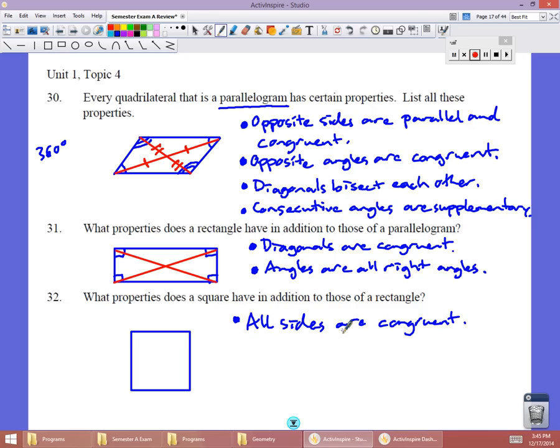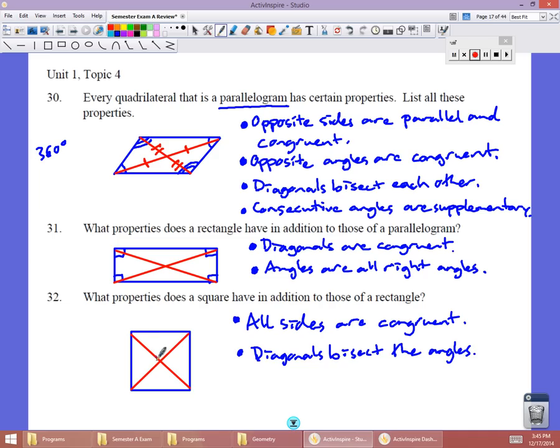Okay. The other things we want to look at are what happens with the diagonals here. And so let's draw those in. And so if we take a look, number one, they are actually going to bisect the angles. So the diagonals bisect the angles.